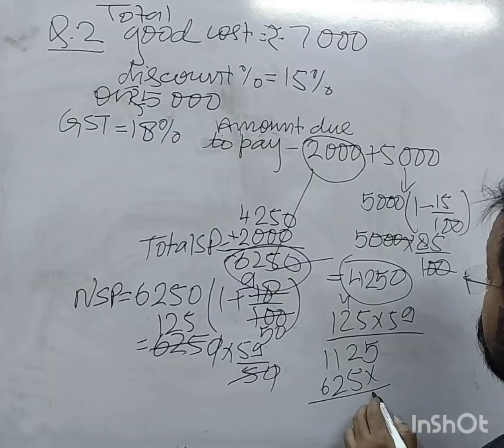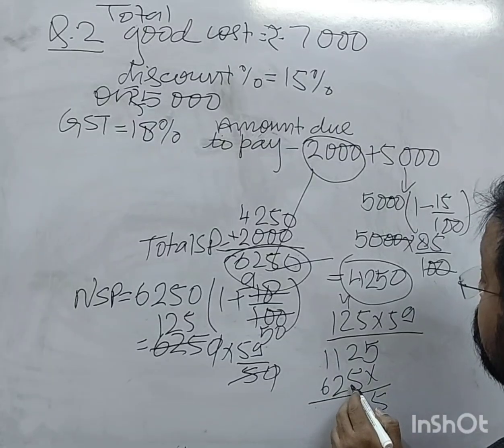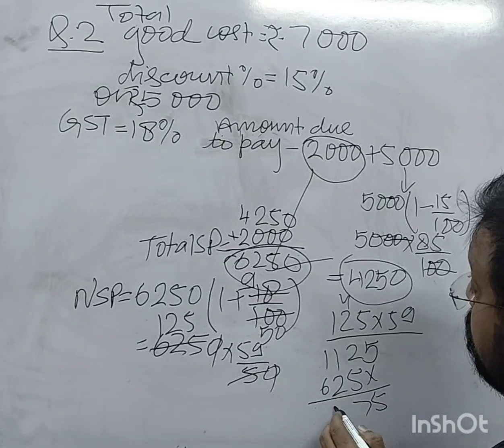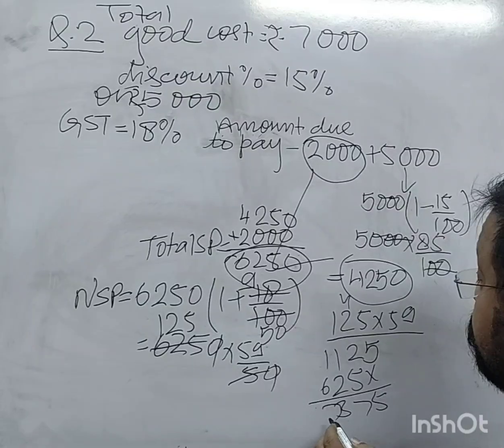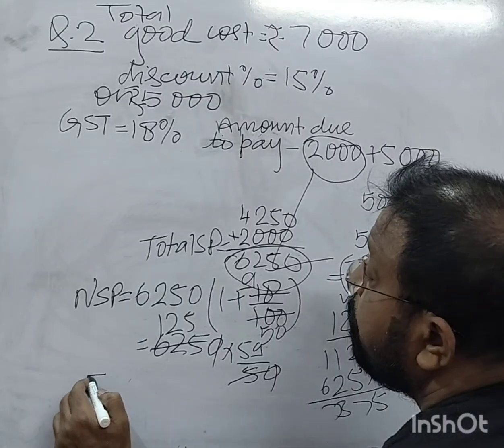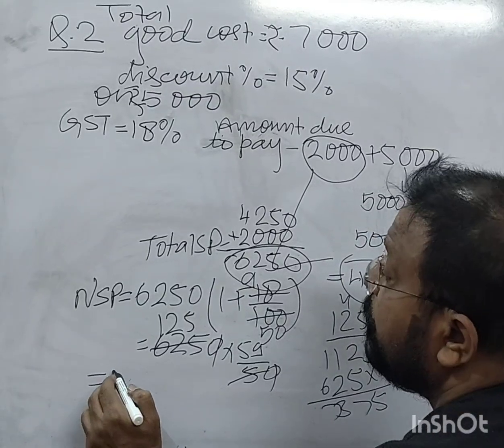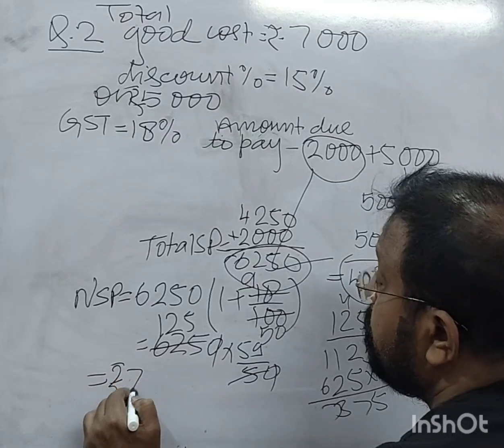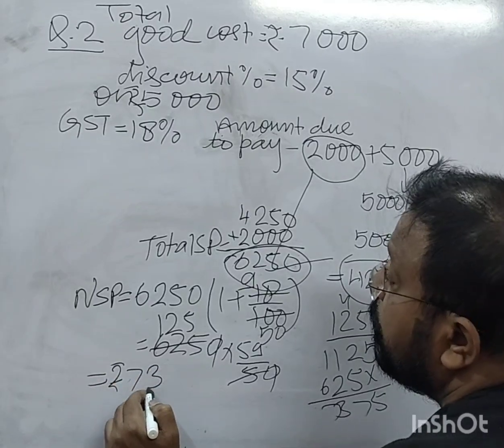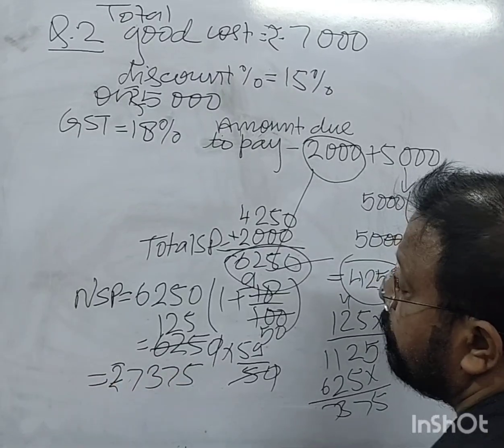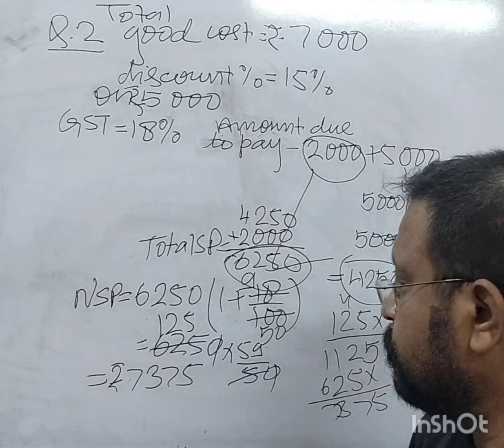Okay, so 7, 3, 7, 5. So the amount she has to pay is 7,375. What is it?